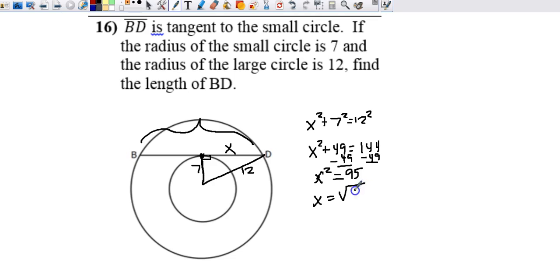So the square root of 95 is a little under 10, about 9.746, 9.75.